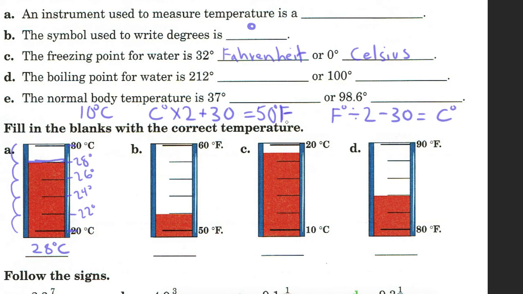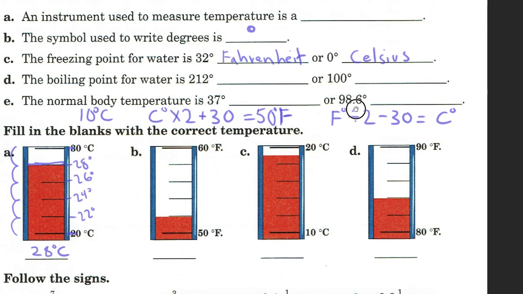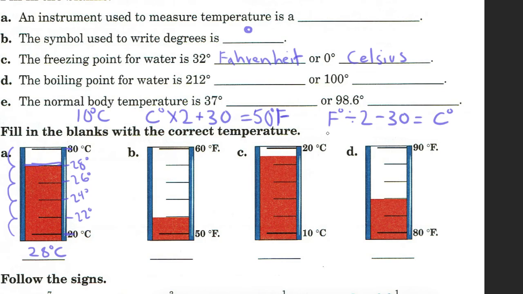This isn't exact, but it'll give you a good estimate of what the temperature is. For example, if my Fahrenheit was 90, 90 divided by 2 is 45, minus 30 equals 15. Sorry, 90 degrees Fahrenheit is about 15 degrees Celsius.